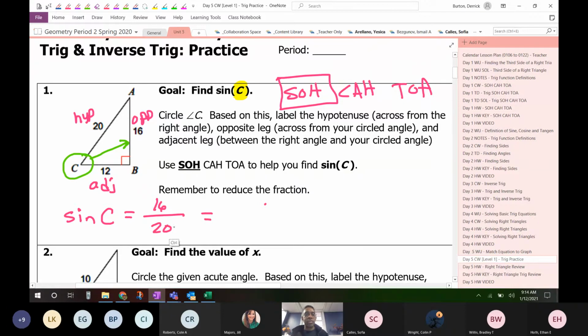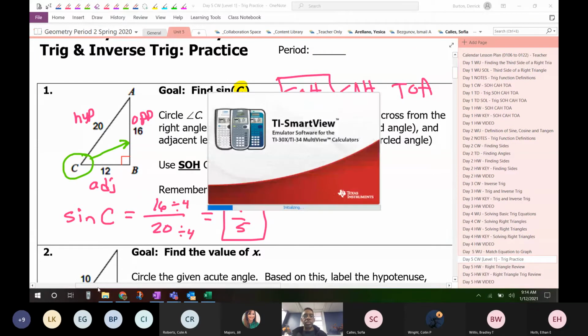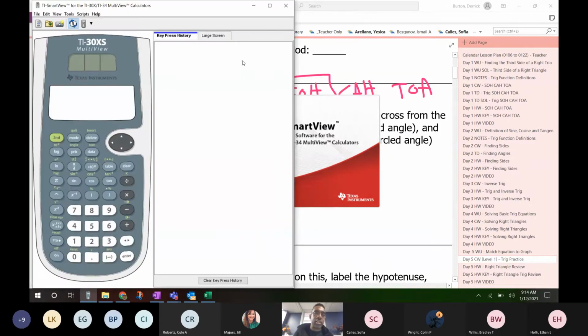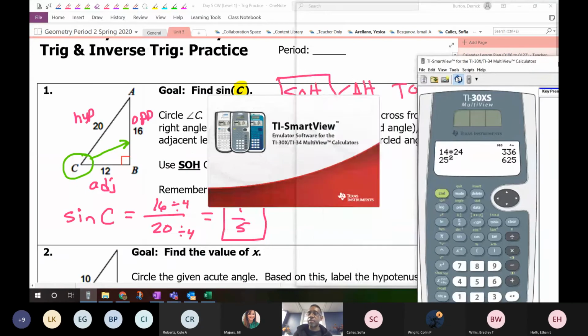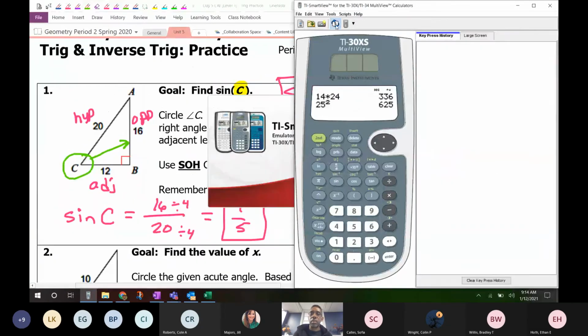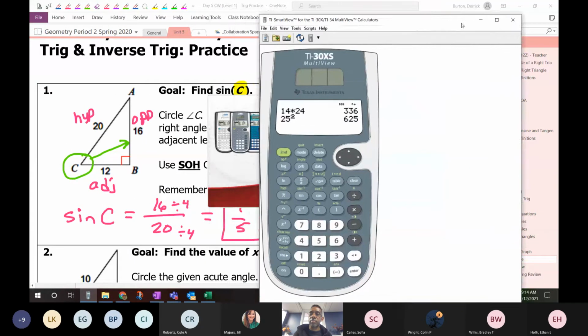And then we just have to reduce that. Both of these are divisible by 4, so I'm going to get 4 over 5. If you're not comfortable with what I just did, I just divided both of them by 4. You could cheat. I mean, it's not really cheating. You could use your resources wisely.